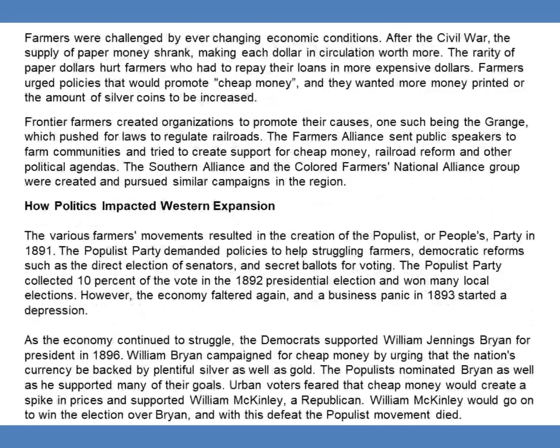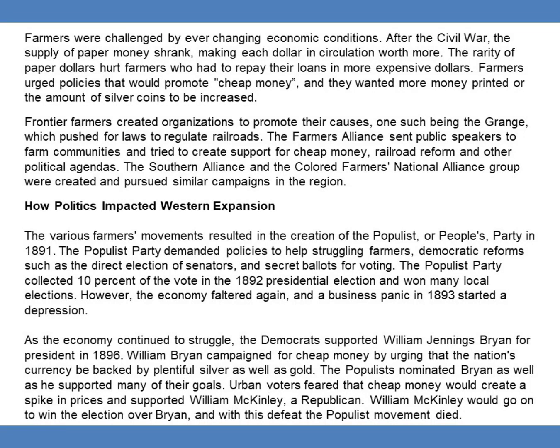Farmers were challenged by ever-changing economic conditions. After the Civil War, the supply of paper money shrank, making each dollar in circulation worth more. The rarity of paper dollars hurt farmers who had to repay their loans in more expensive dollars. Farmers urged policies that would promote cheap money, and they wanted more money printed or the amount of silver coins to be increased.